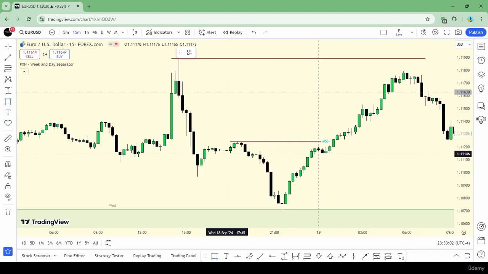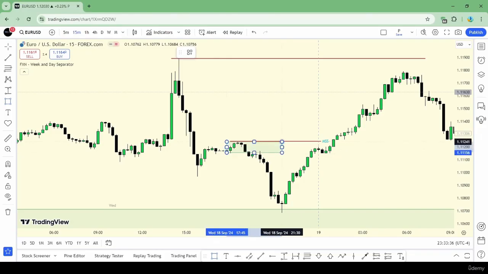Our breaker in this scenario is the last up close candle before the up move, where we broke our structure. In this instance, we get these 3 consecutive candles. When you see that the up close candles are following one another, you outline all of them.